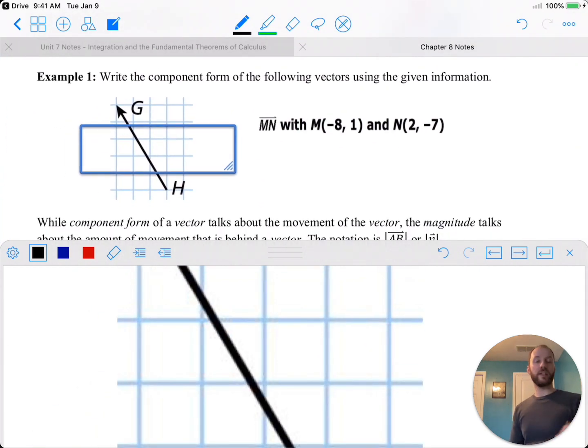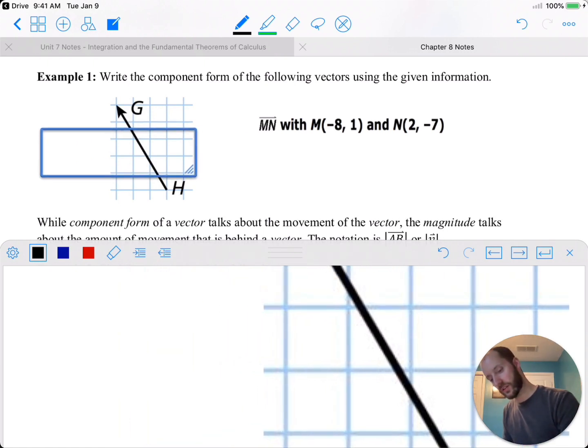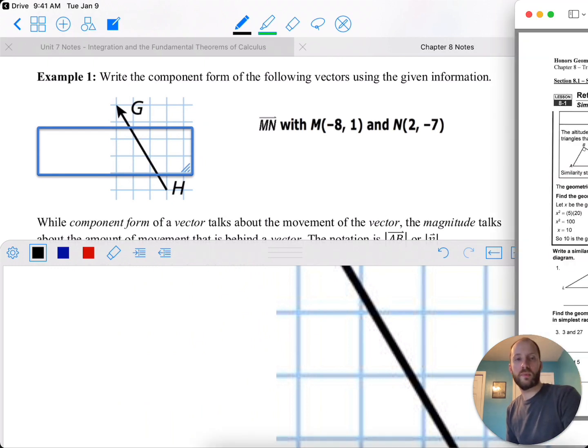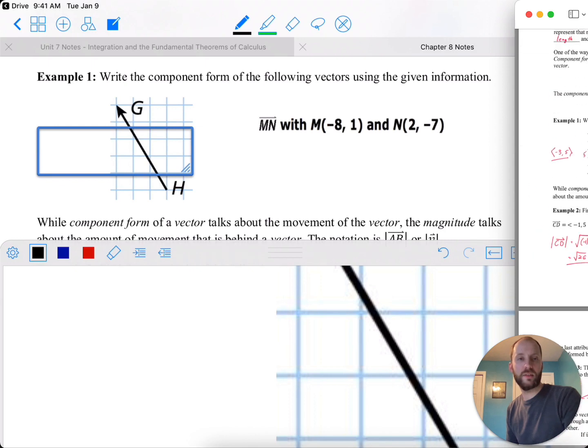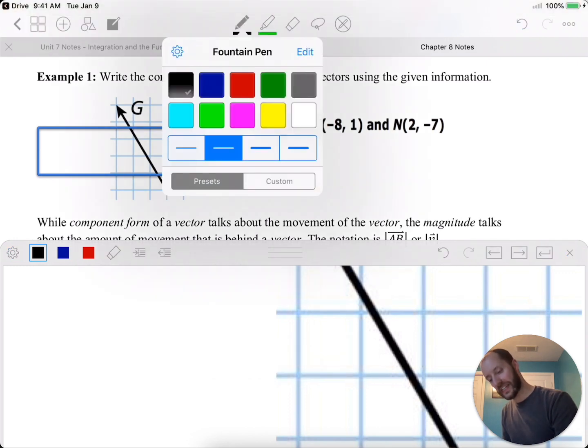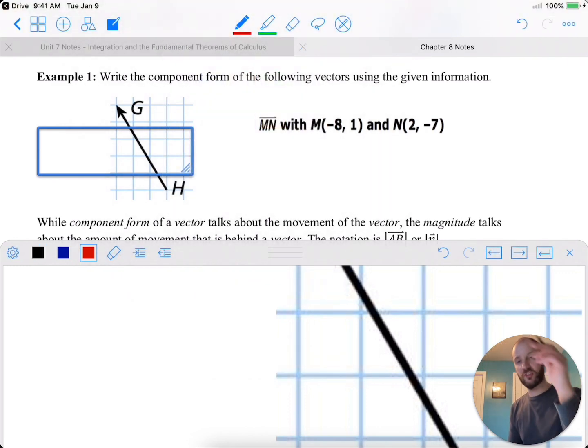So you can write component form from a picture or from numerical information. So vector GH. We're going from H, that is the initial point, to G, the terminal point.